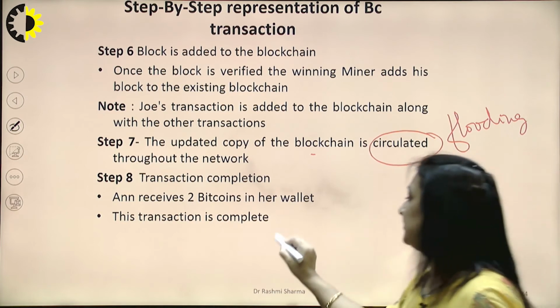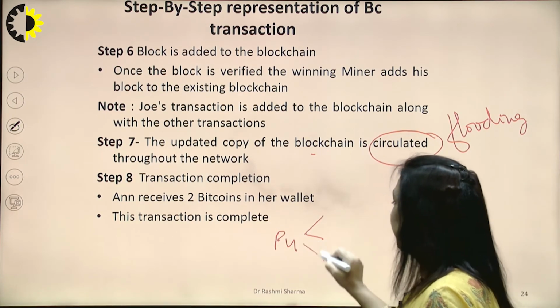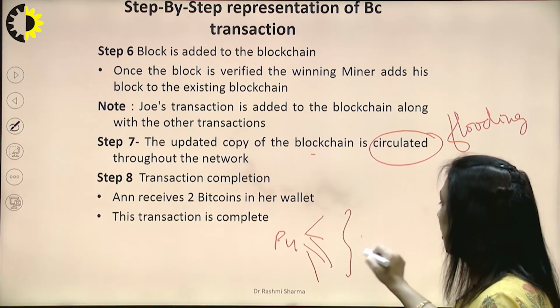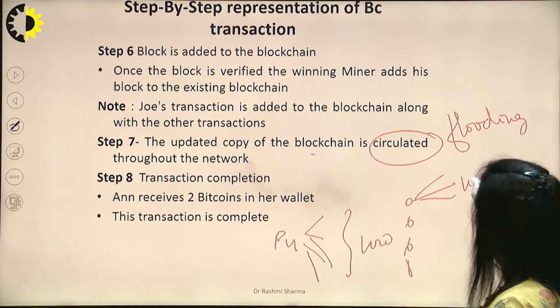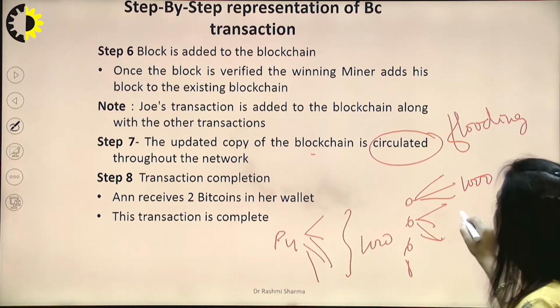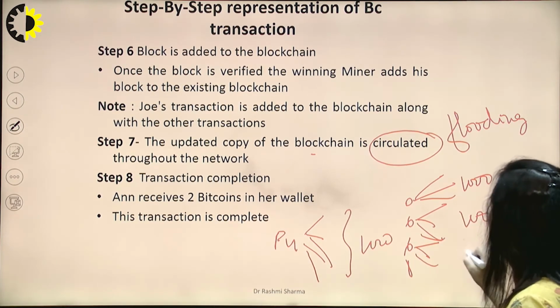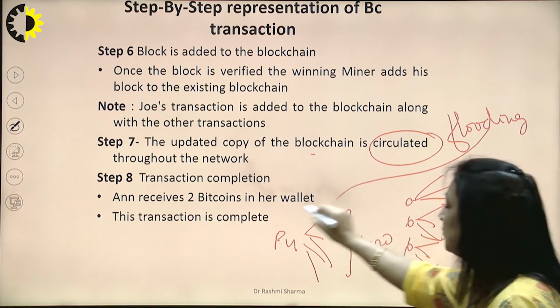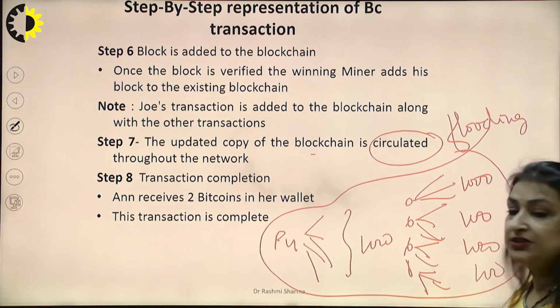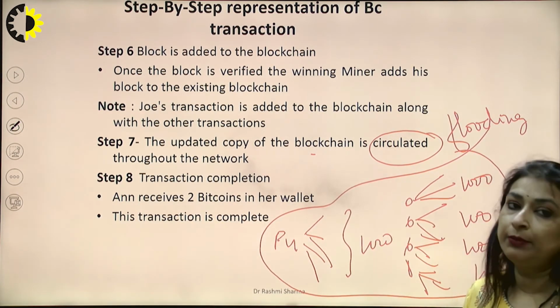In the flooding method, P4, being the winner, sends to some people, maybe 1000, and these 1000 people then again send to 1000 people each. So that is called flooding. This process is called flooding of the blocks in the blockchain.